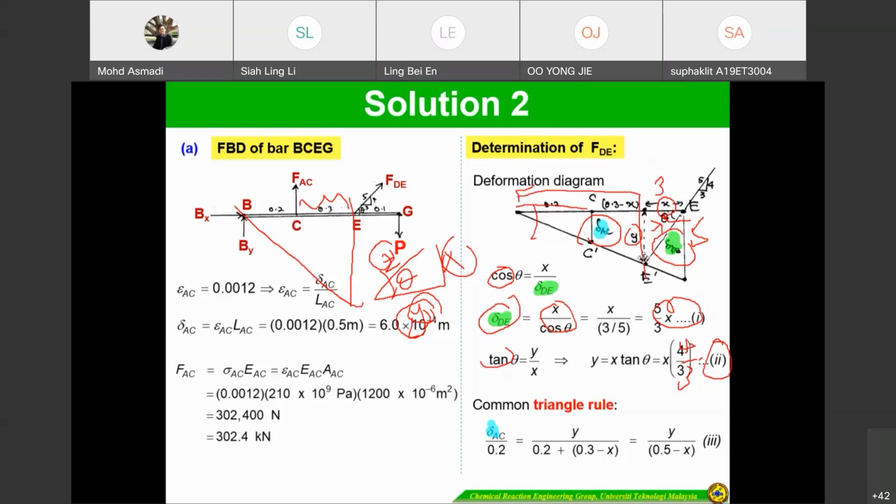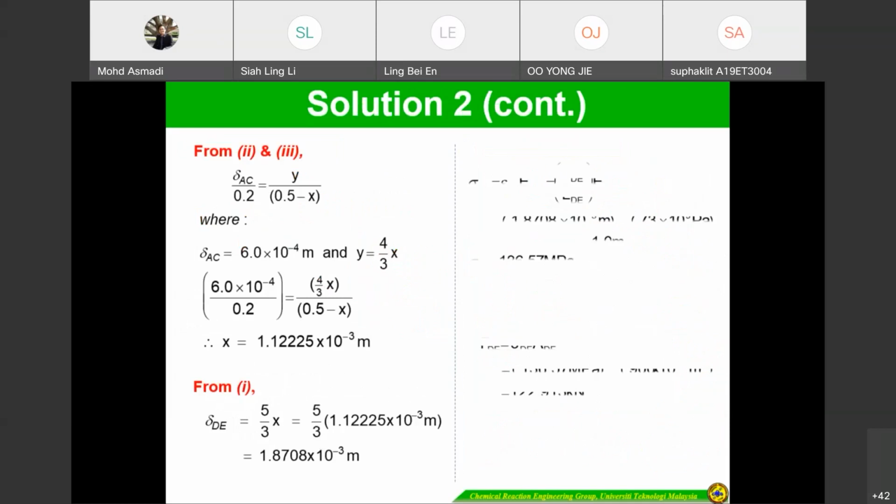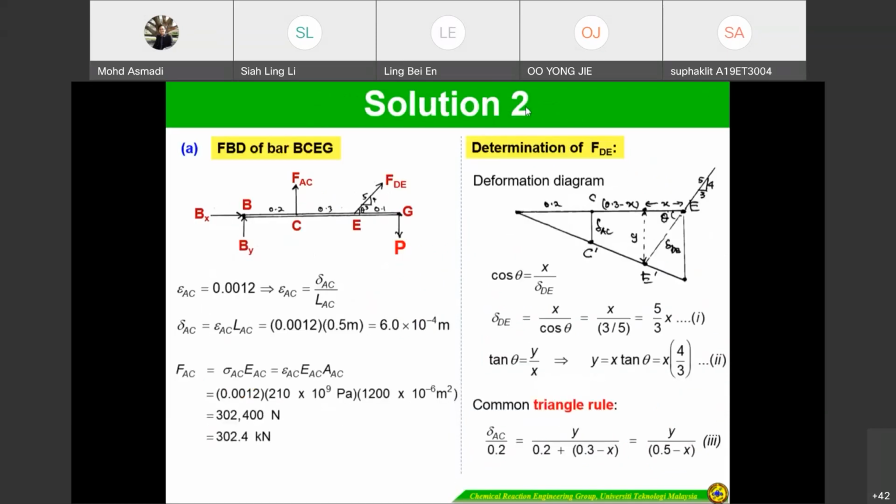So meaning that delta AC and y are the same. And then 0.2 here, and this one is 0.2 plus 0.3 minus x. This line plus this line. So you can get equation number 3. So from 2 and 3.